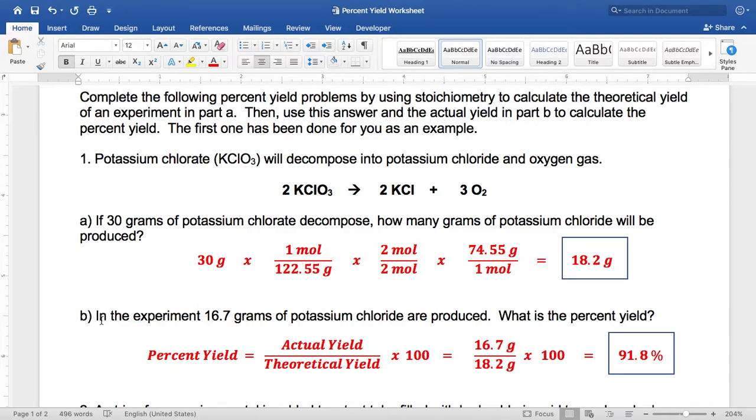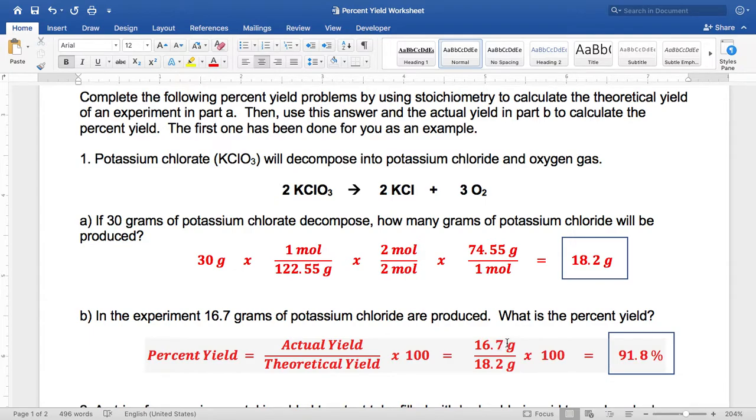Now in part B, in the experiment that you actually do, 16.7 grams of potassium chloride are produced, and we want to know what the percent yield is. Our equation is percent yield equals actual yield divided by theoretical yield times 100. Well, 16.7 grams are actually produced. That is how much I actually got, so I put that number on top, 16.7.